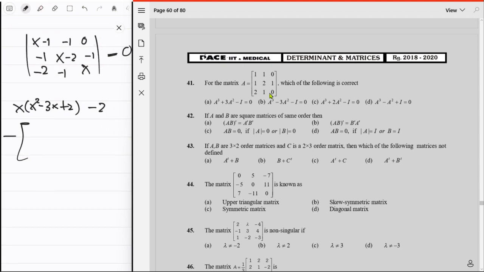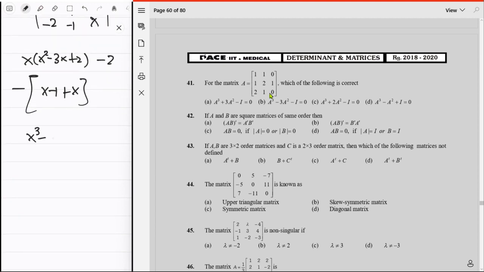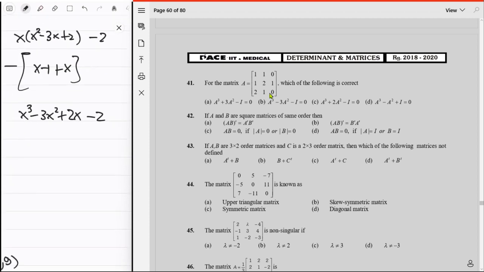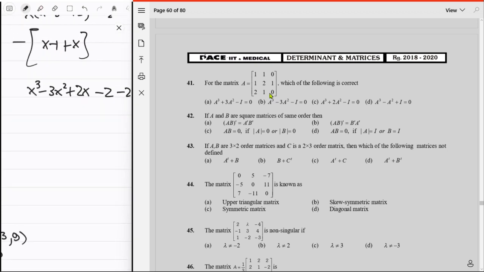The second diagonal is this and that, which is x minus 1. And the third diagonal is this and that, which is plus x. Awesome. So you get x cubed minus 3x squared plus 2x minus 2, minus 2x, and plus 1, which is x cubed minus 3x squared minus 1, equal to 0.